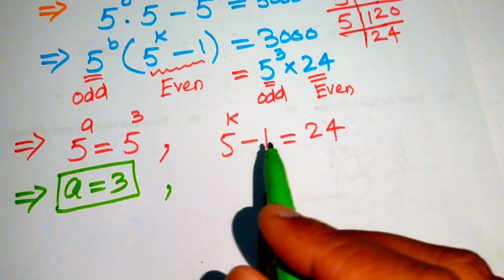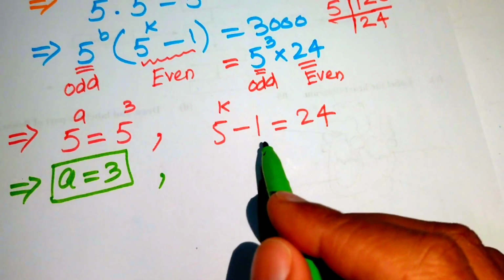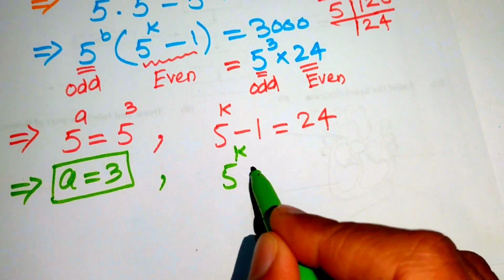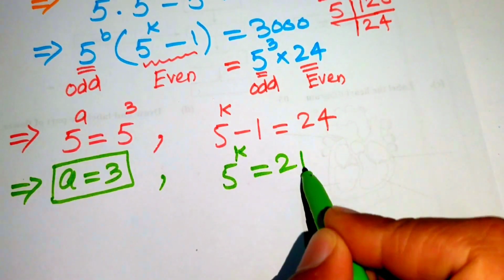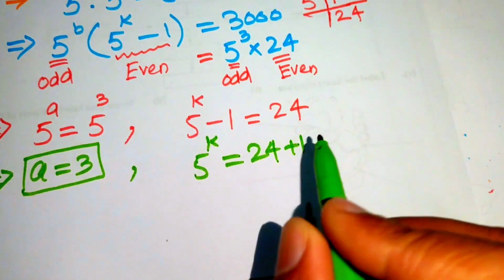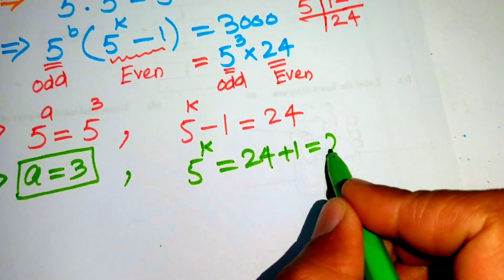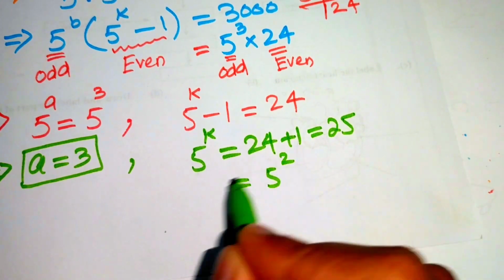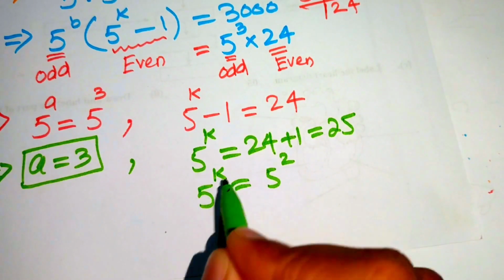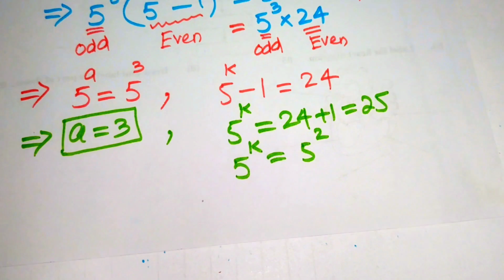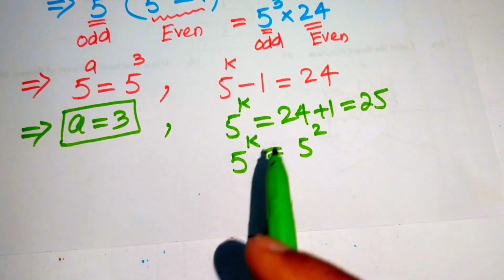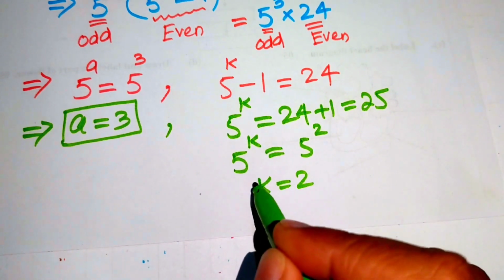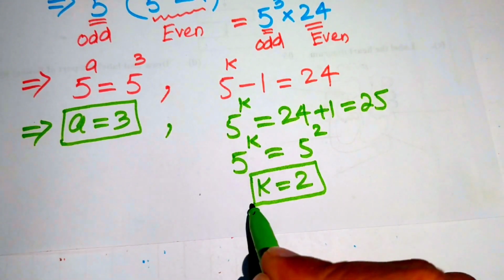And now we move towards this case, and here we move minus 1 to the right hand side and we get 5 to the power of k equals 24 plus 1, and you know that 24 plus 1 becomes 25, and we write 25 as 5 square. In the left hand side we have 5 to the power of k. Here you see that bases are same, so we get the value of k equals 2.